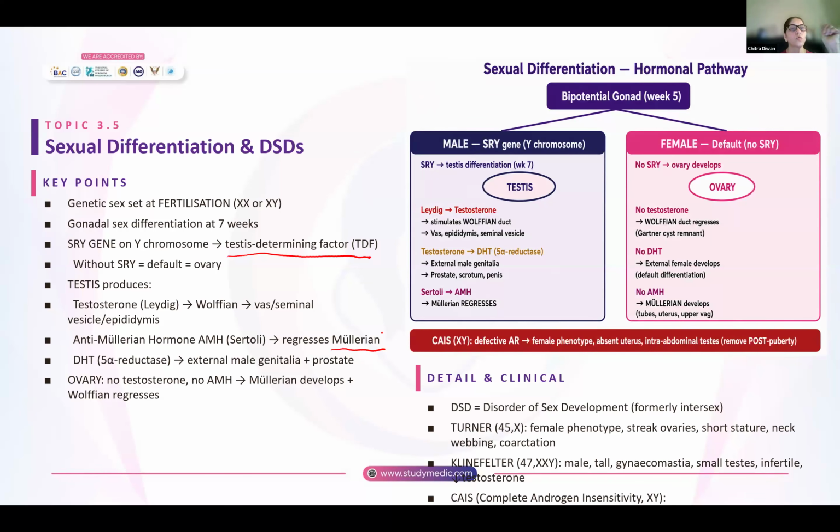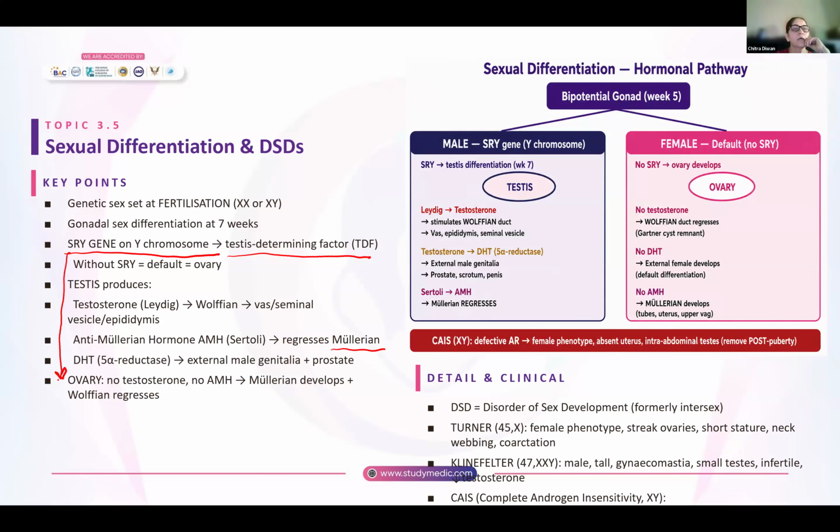Remember that whenever there is no SRY gene or no Y chromosome, then by default you will get formation of the ovary. Because there is no testosterone, the ovaries are not producing testosterone, and there is no anti-Mullerian hormone because no Sertoli cells are there.